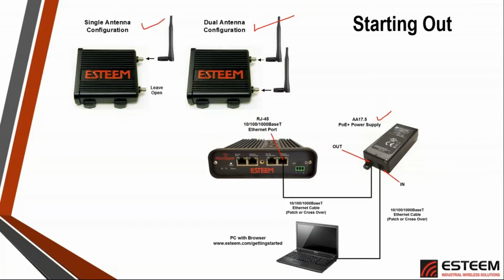It will take the data that's coming out of the computer, and on the outgoing side, we're going to add the DC voltage that the radio needs to get both data and power. That's where the PoE side of it comes in. So as a basic network layout, you're going to have the antennas connected to the radio. The radio is then plugged into the output side of your PoE injector, and the input side is plugged into the PC.